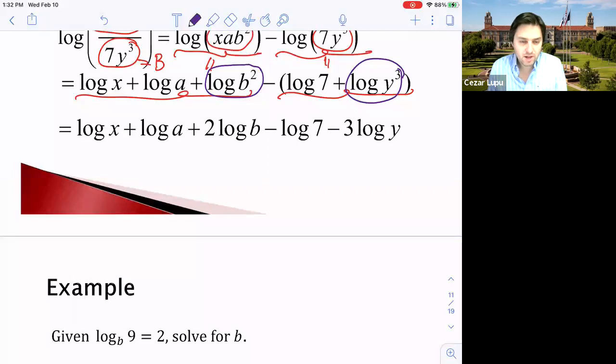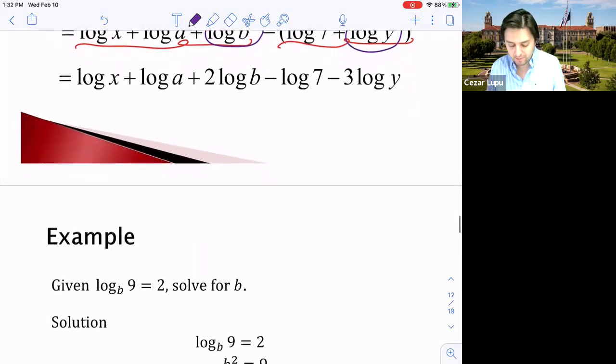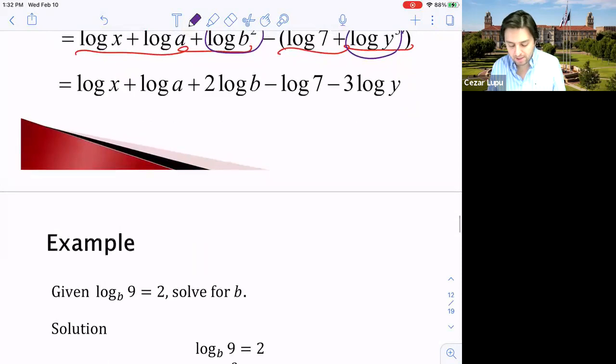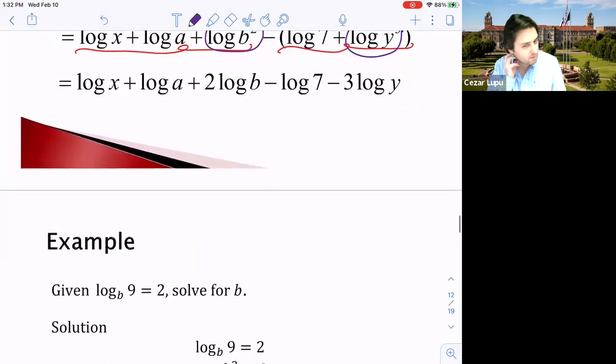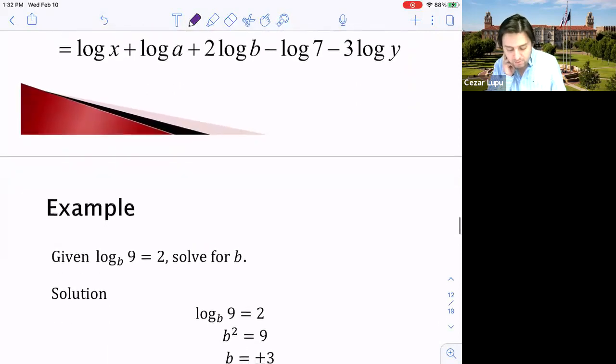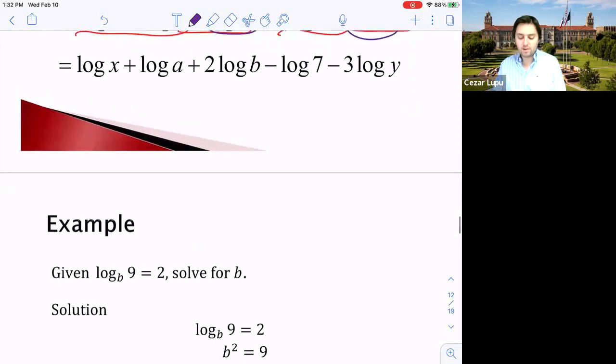Let's see, Jonathan says change the base to what base? Nolan says b squared equals 9. Yes, exactly. In fact, it will be easier if we say that log in base b of 9 is 2. This means that b squared equals 9.